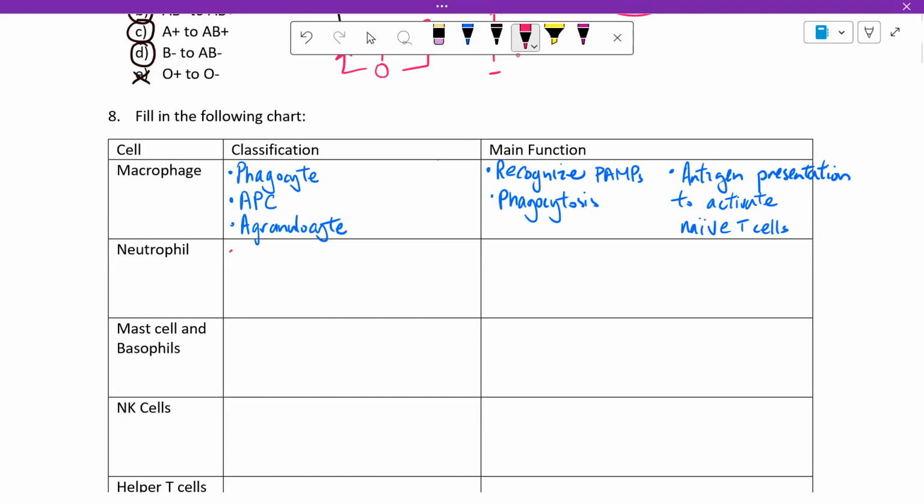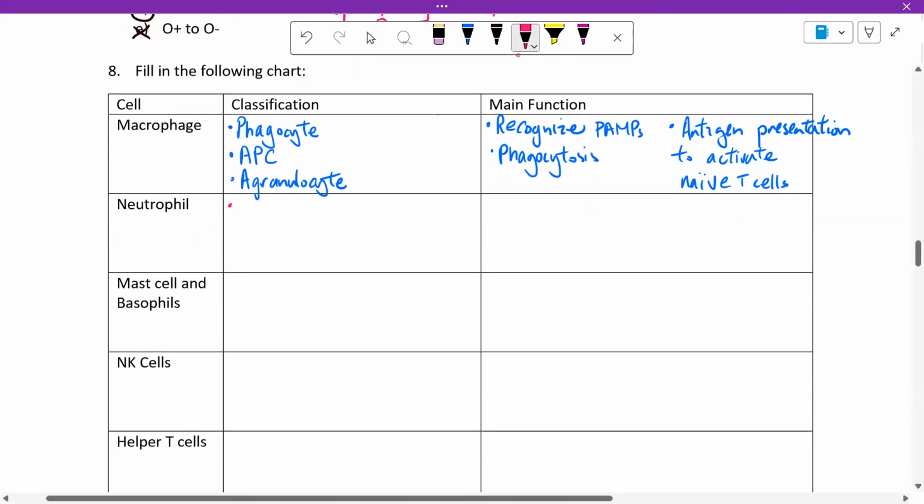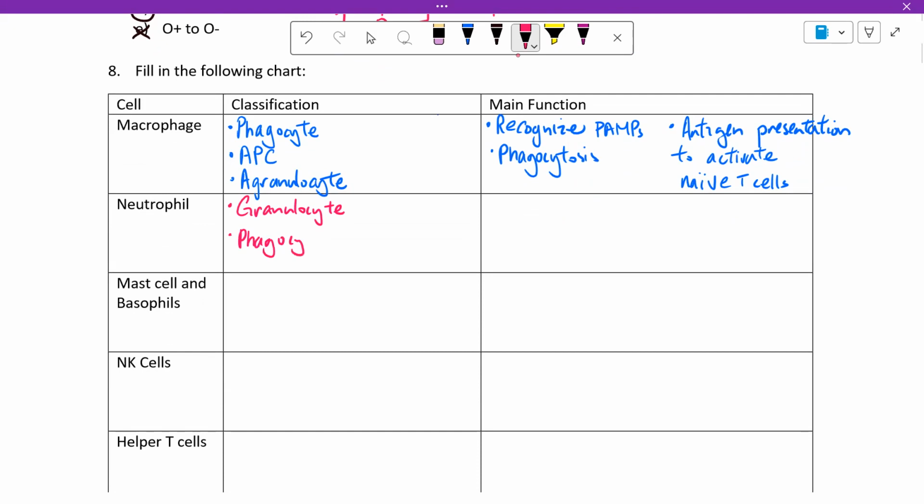Okay, next, neutrophils. I'm just switching colors to keep things alternating, in case I run out of space or something. So this is agranulocytes. They are also phagocytes, but they're not APC. They just eat and they don't show the stuff to any naive T cells or anything.